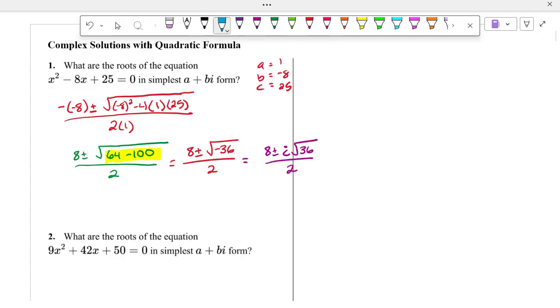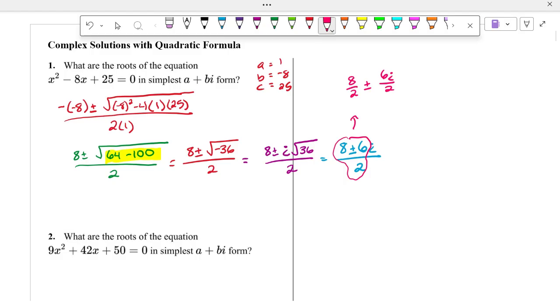What's the square root of 36? 6. So I have 8 plus or minus 6i over 2. Now we still can simplify all of these because it's pretty much the exact same thing as 8 over 2 plus or minus 6i over 2.